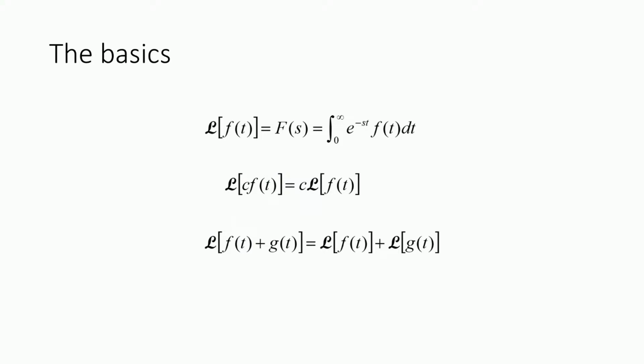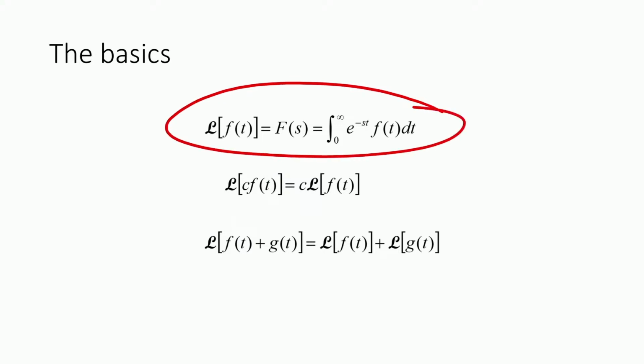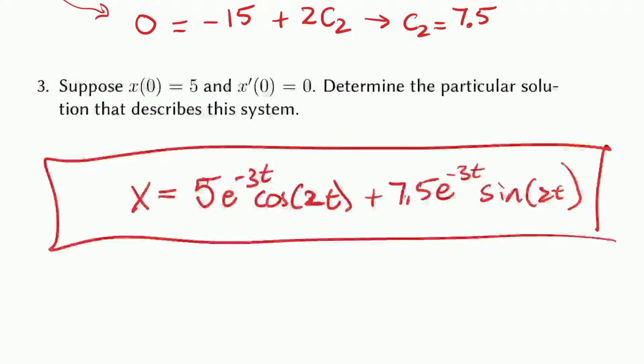So I know this looks super complicated, I should have had this build a little differently. But this is the definition of a Laplace transform, the top here. That's what we want to do, is this right here. So let's focus on that for a minute, and we will come back to the rest of this. We'll do it over here.